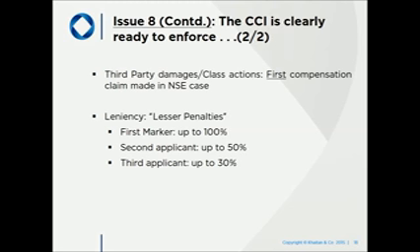The second applicant may get up to 50% reduction in the fine, and the third applicant may get up to 30% reduction in the fine. Important to keep in mind that this leniency provision only applies to cartels, so it's inapplicable to vertical agreements cases and abuse of dominant position cases, as well as non-cartel horizontal agreements.